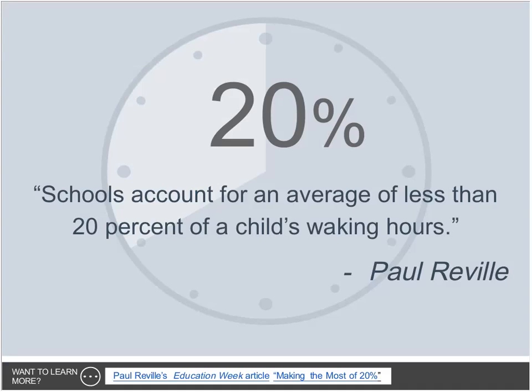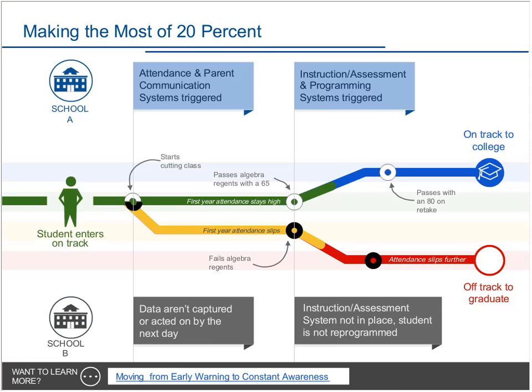What this means is there is no margin of error in our current educational system. With only 20% of a student's time allocated to educators, schools must respond to student need the very moment that need presents itself. Interventions must be rapid, they must be high quality, and they must be consistent. These are the characteristics that distinguish a high-performing school from a school that is consumed with putting out fires.